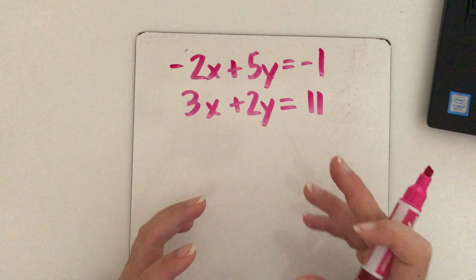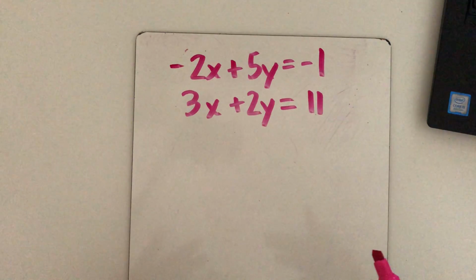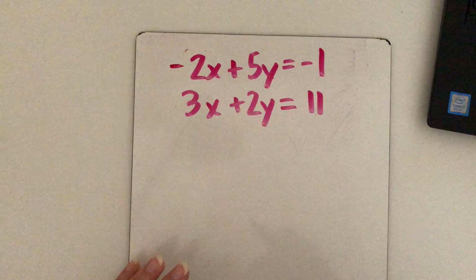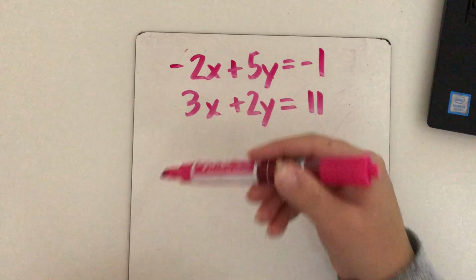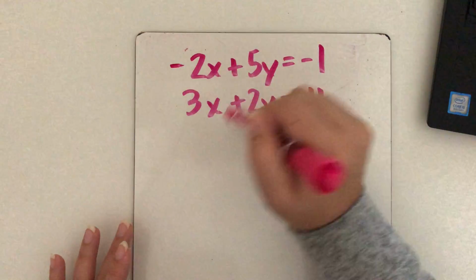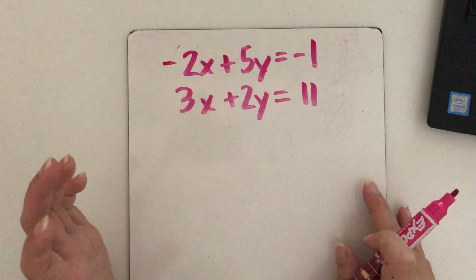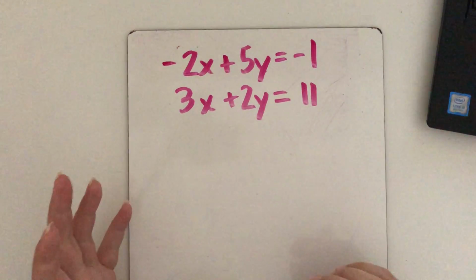So that means that I need to multiply one or both of these equations by a number to be able to eliminate them. So what I like to do is find the ones that are already opposites. So that means that one's a negative, one's a positive, vice versa. So that's my x values here. Next, I have to see, okay, what do they have in common? What's their least common multiple, okay?